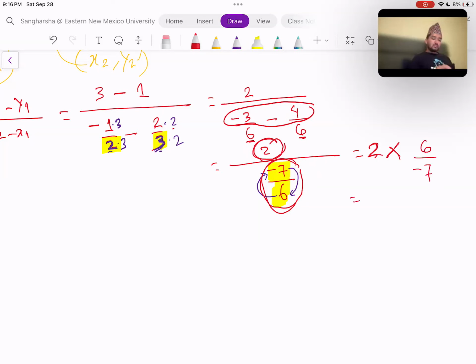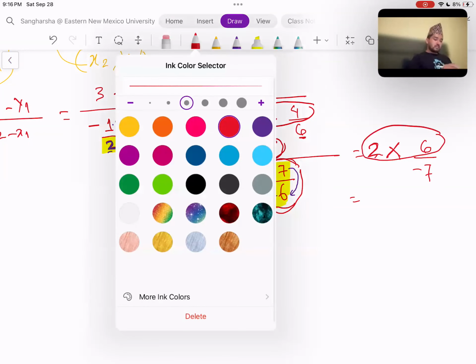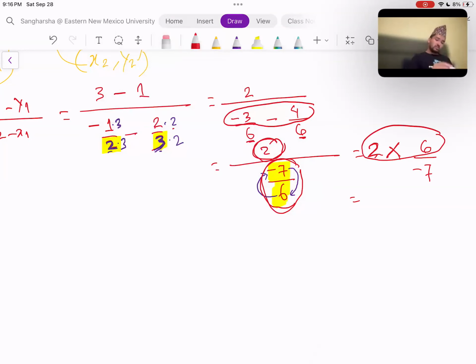So this is a number multiplied by a fraction. So you multiply the numerators together. So 2 times 6, that is 12, divided by -7. And this is the slope of the line joining these two points.